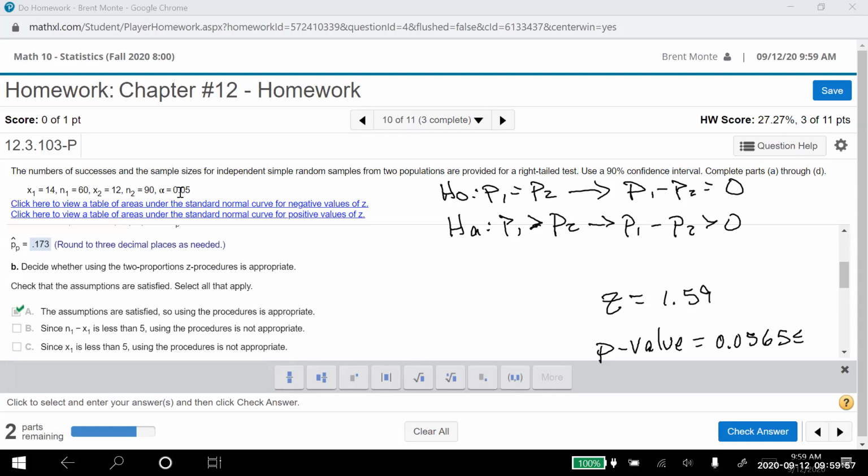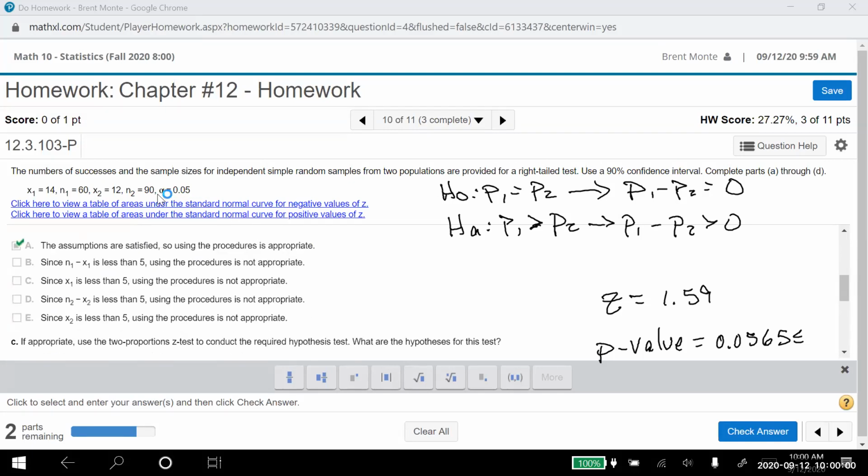Oh, it's right up the top, 0.05, which fits in with a 90% confidence interval. So alpha is 0.05. And notice this time it's not less, that's 5.65%. That's not less than 5%. So we do not reject the null hypothesis this time.